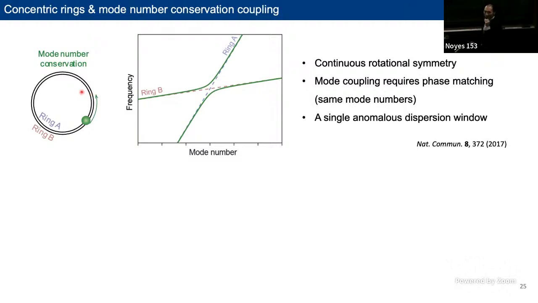Because of their slightly different free spectral ranges, their integrated dispersion, represented by the two dashed lines here, is off from each other by a little bit. These two resonators can be strongly coupled when the resonant modes have matched frequency and also matched momentum, which means mode number matching. When the mode number match and the frequency match both happen, the two resonators can couple together.